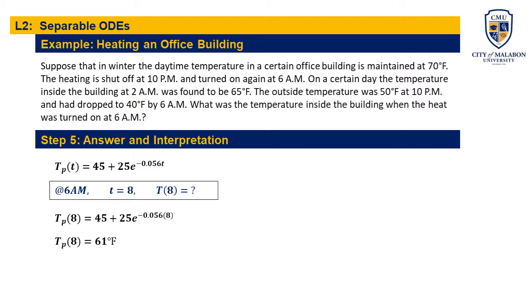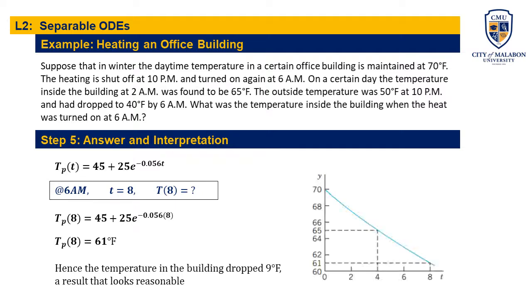This result looks very reasonable since we know that after some time the temperature will drop according to the proportionality constant 0.056. Hence the temperature in the building dropped 9 degrees Fahrenheit, a result that looks very reasonable for this particular problem.